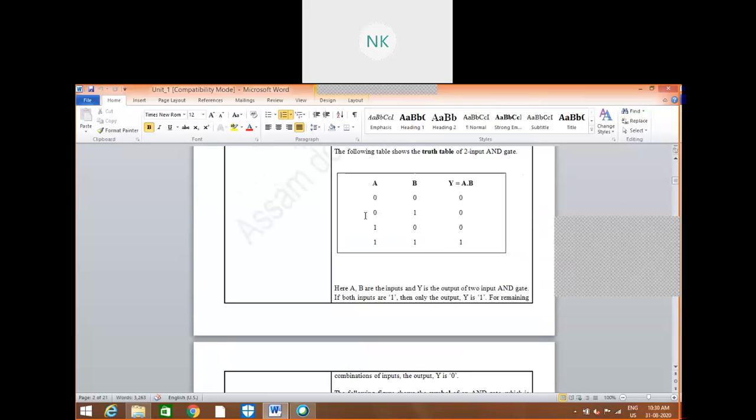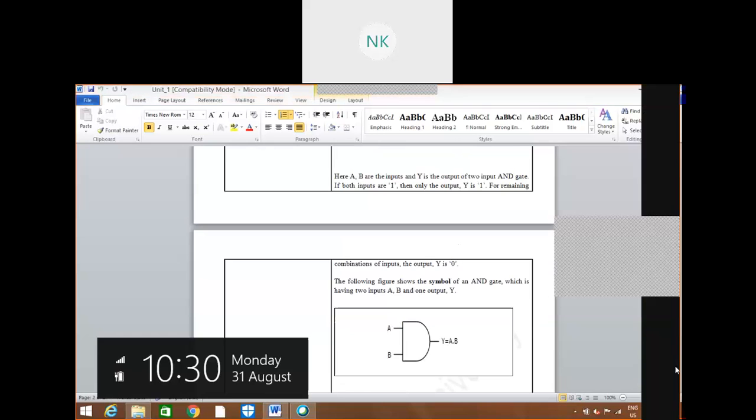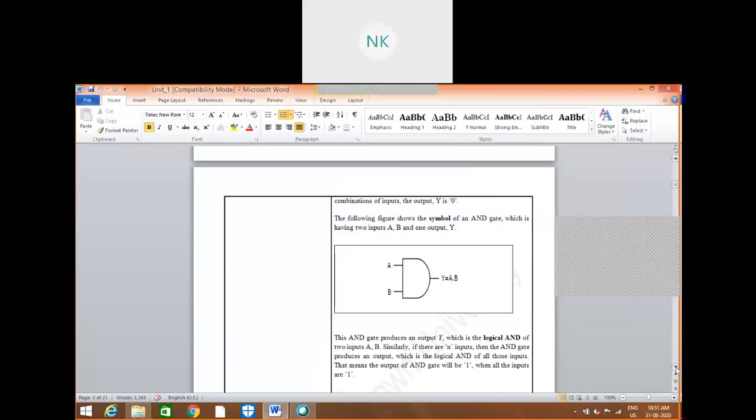And if in A we have 0, and in B we have 1, the output will be 0 into 1, which is 0. Anything multiplied by 0 will be 0. Okay, so this is all about your AND gate. Now come to the OR gate.